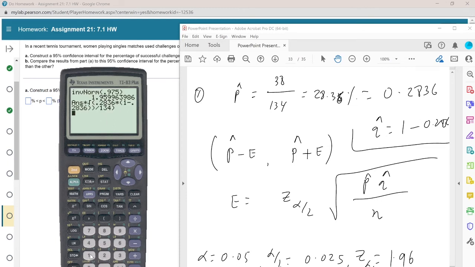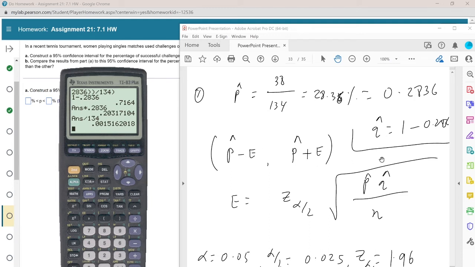What did I do wrong? Okay, let me just calculate 1 minus 0.2836. That's our q cap. So q cap times p cap is 0.2836, divided by 134.